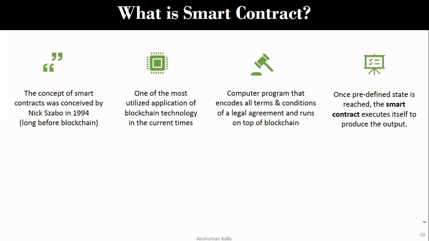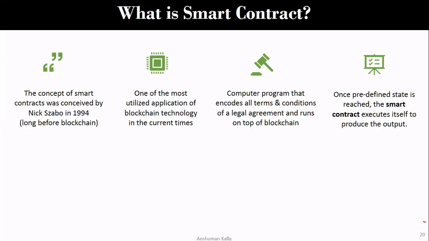If you compare this smart contract with traditional software, traditional software runs on centralized systems and servers, whereas smart contracts run on a decentralized system, right? So all the nodes have the code with them, which encodes all the terms and conditions of the legal agreement between the two entities. And this brings a level of autonomy to blockchain systems, which are decentralized systems, right?